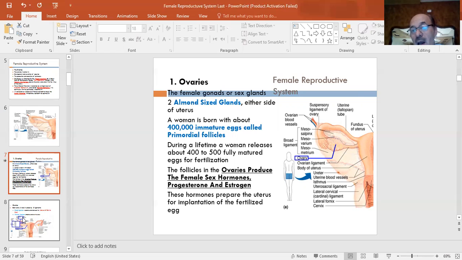So along the time, by the age of 45 or so, the female won't have any more primordial follicles. That is what we call menopause. And of course, these ovaries produce the female sex hormones, progesterone as well as estrogen.